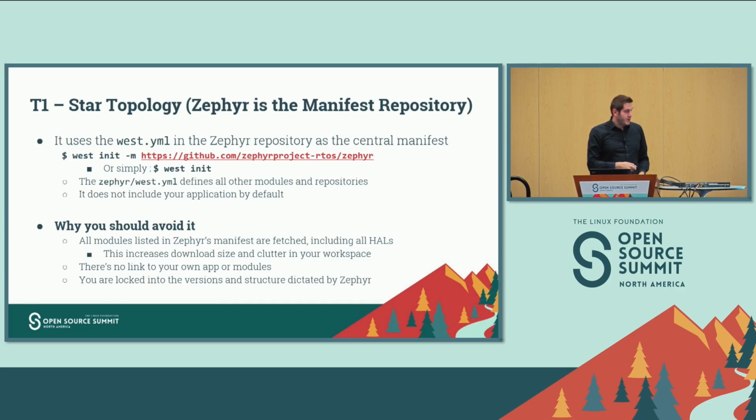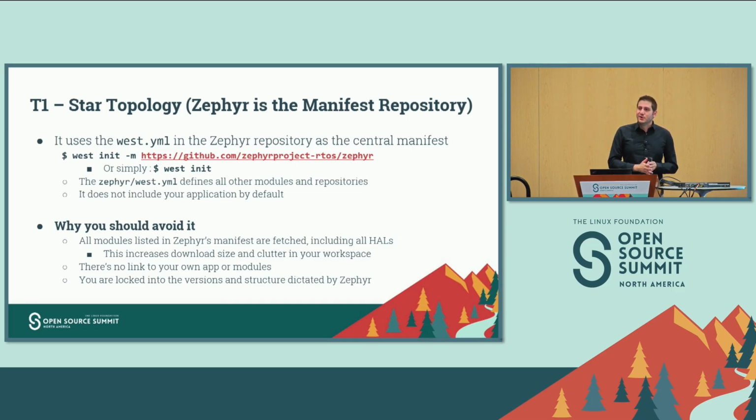Here, all the modules listed in the Zephyr manifest are going to be fetched, including all the HALs. And most of them, I don't need. If I'm using an NXP product, why should I get the Nordic HAL? I don't need it. And believe me, the source code of all these HALs is just huge.